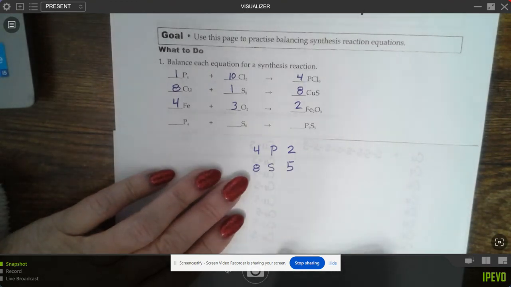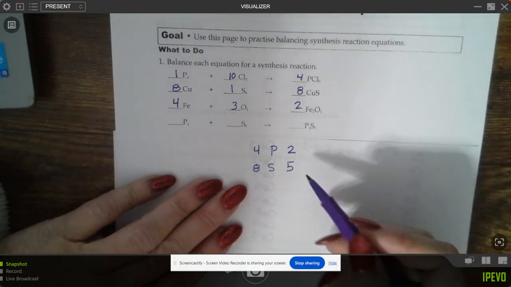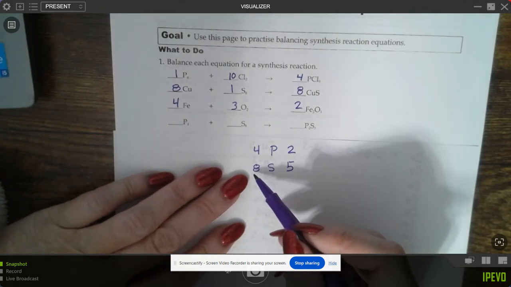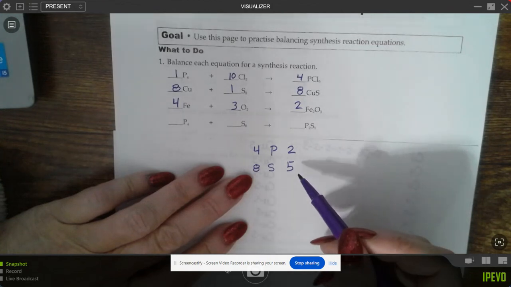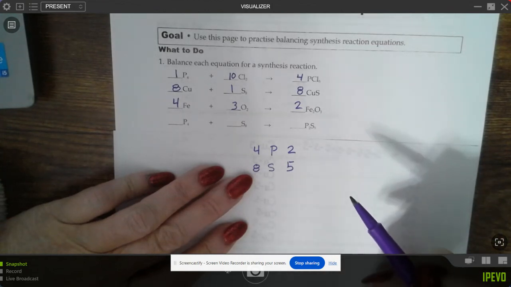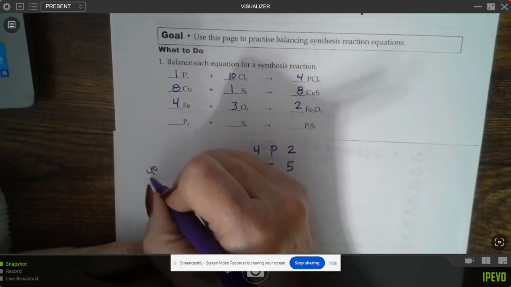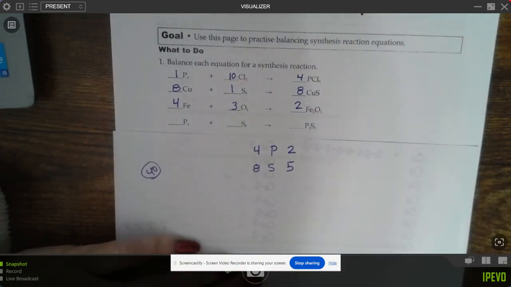Yes, 5. All right. So this one already looks like it's going to be a little bit of a doozy because I've got 8 and 5. So what is the least common multiple of 8 and 5? 40. Okay, right? That's the smallest number that 8 and 5 both go into.